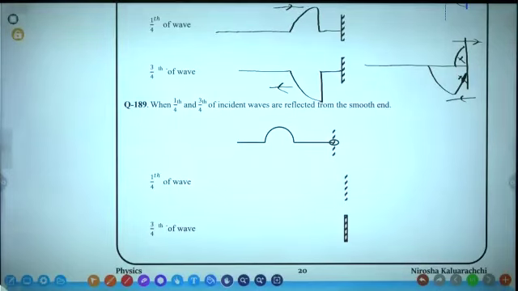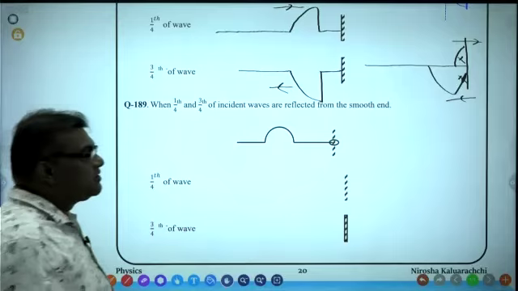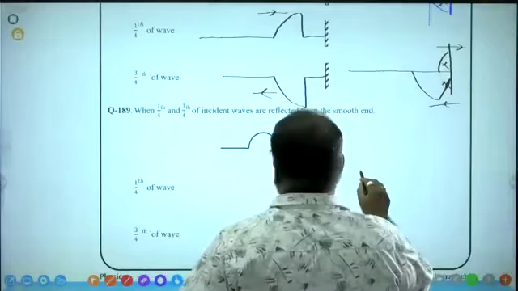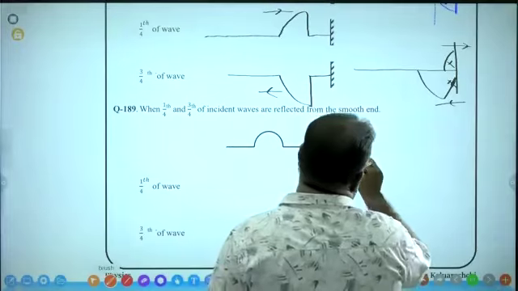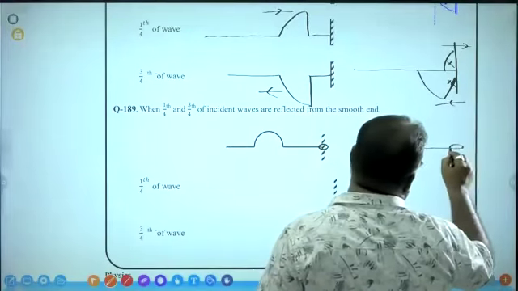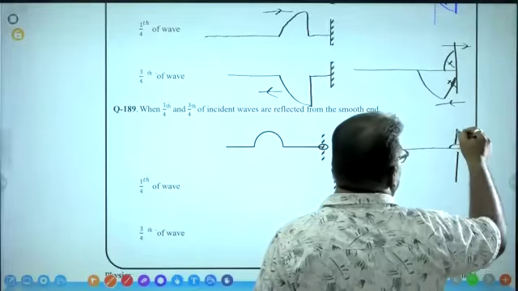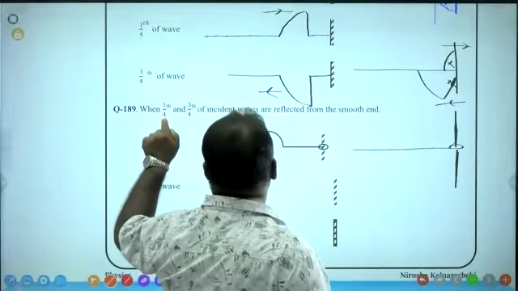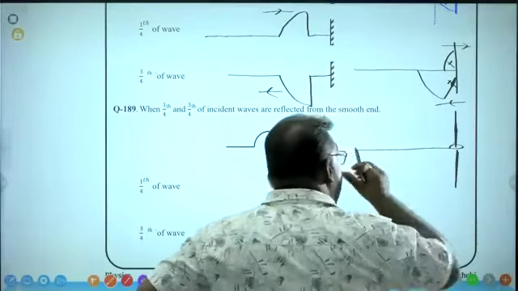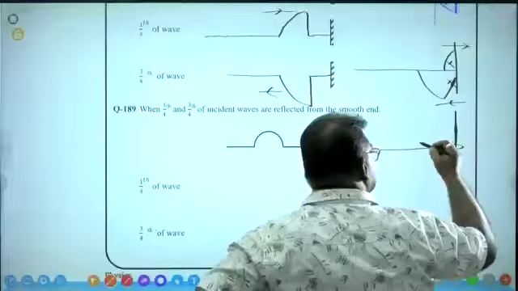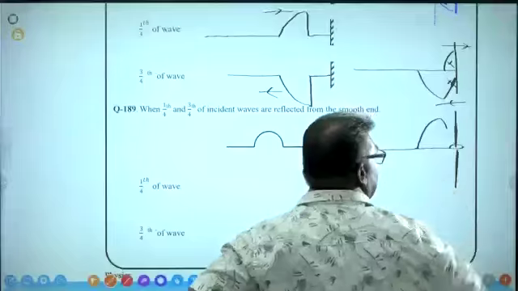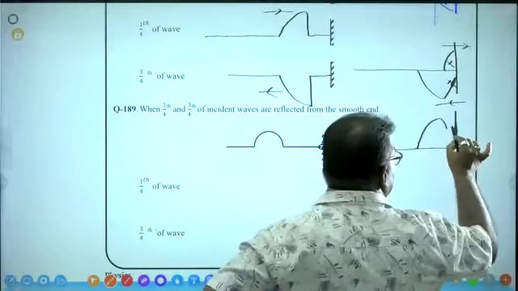When 1/4 and 3/4 of incident waves are reflected from the smooth end, it's a smooth one. Can we copy like this? Done. 1/4 of the wave reflected. 3/4 to be hit, no? This one to be hit.